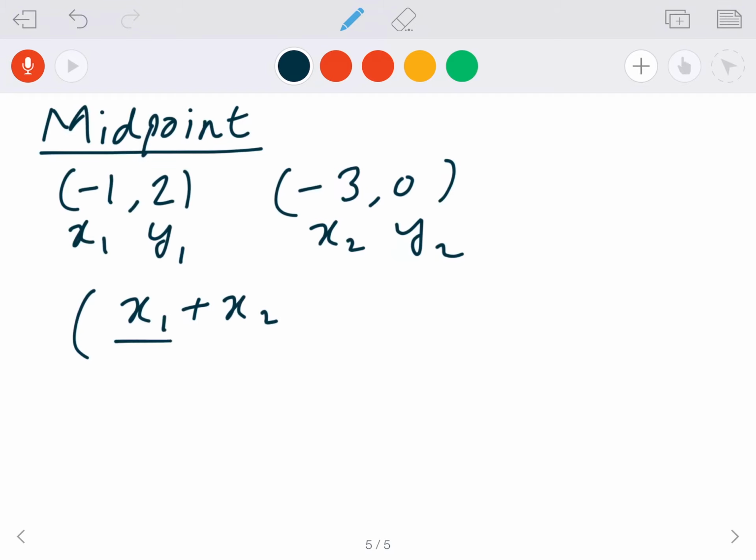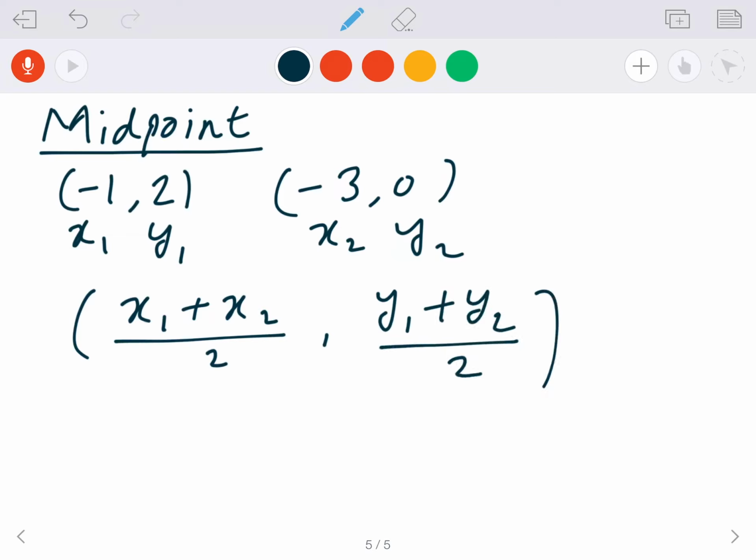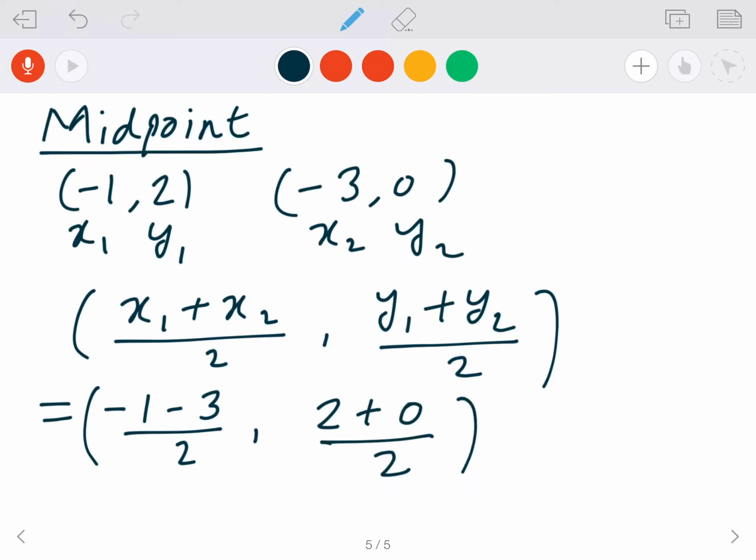So x1 is negative 1 plus x2, which is negative 3, over 2, comma y1 is 2 plus y2 is 0 over 2.